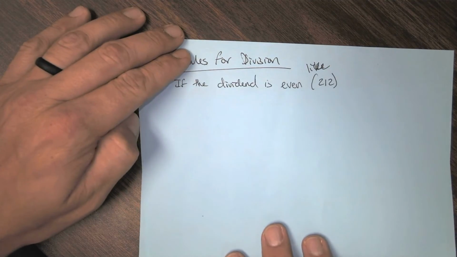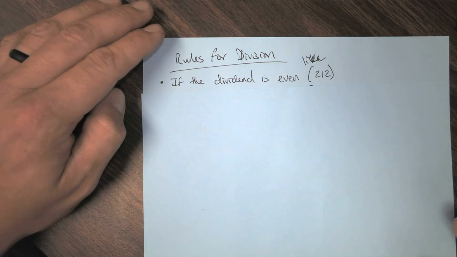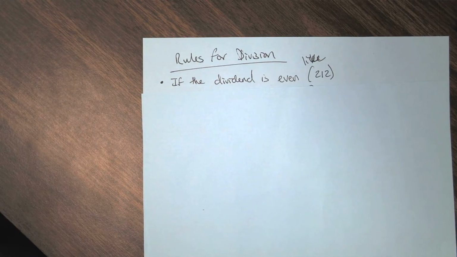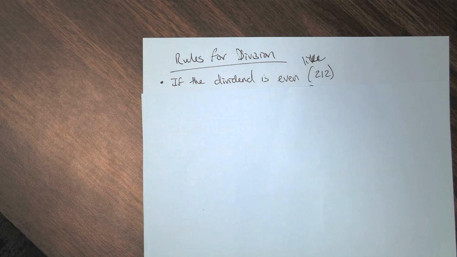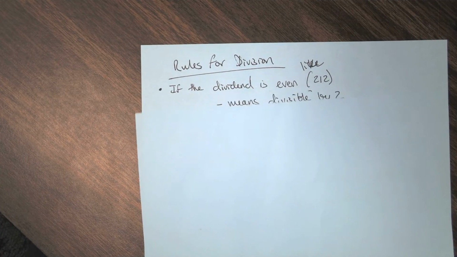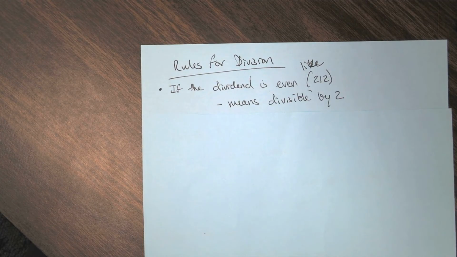The first thing you're going to write is: if the dividend is even, like 212, that's my example, it means it's divisible by 2.